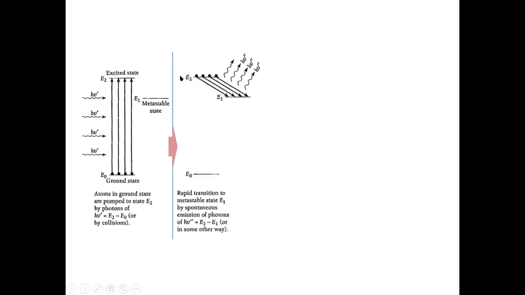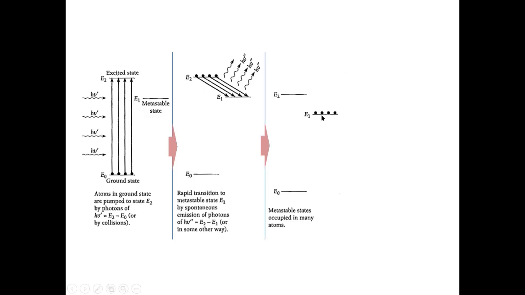Next, the electrons in the excited state de-excite after 10 nanoseconds and come to the metastable state by releasing a small energy. That energy may be high enough to be photons of light or small enough to heat the system.